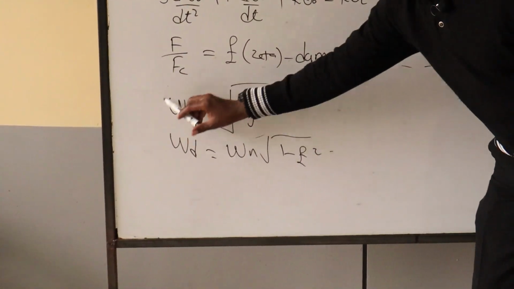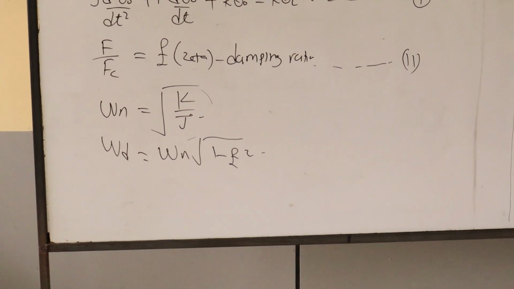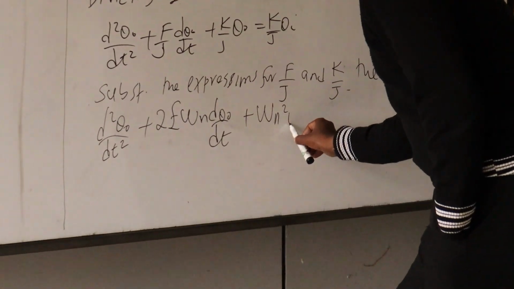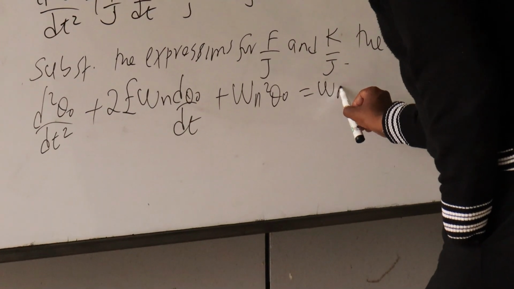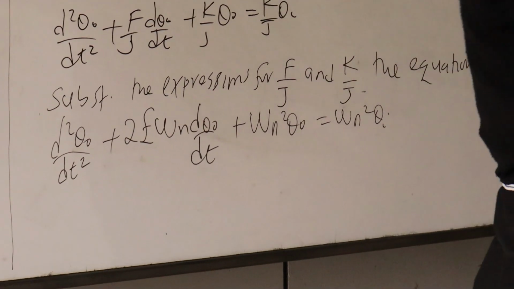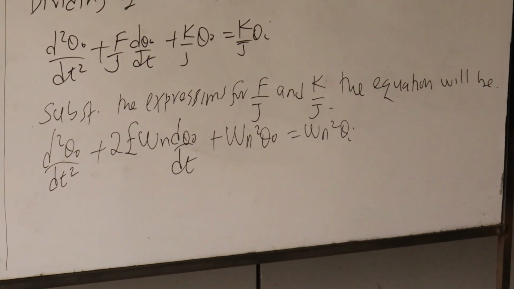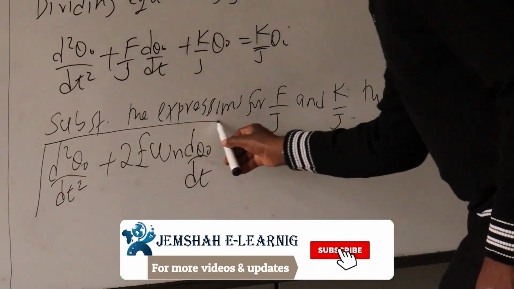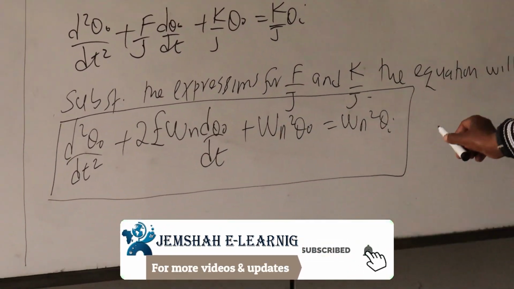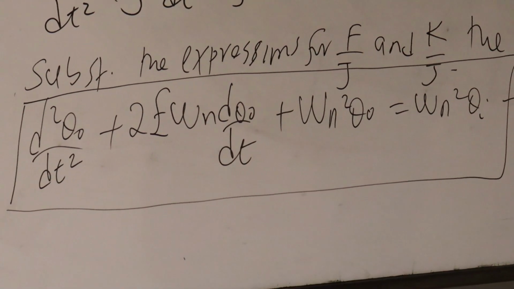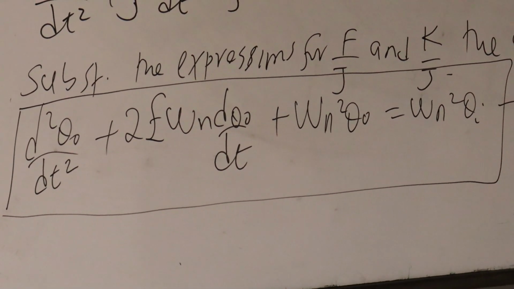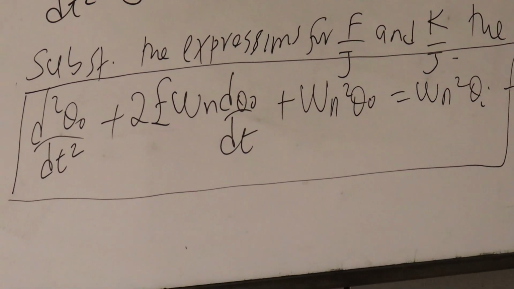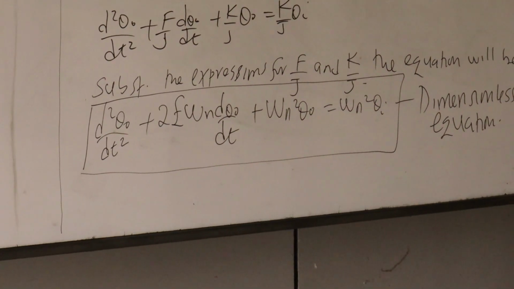The root of K over J is omega n, which means omega n squared will simply be K over J. So we are going to have omega n squared theta naught is equal to omega n squared theta I. This is a very important equation, and this is what we refer to as the dimensionless equation.